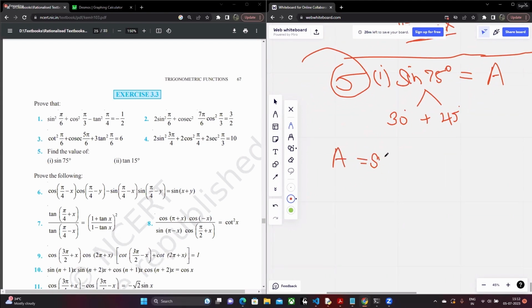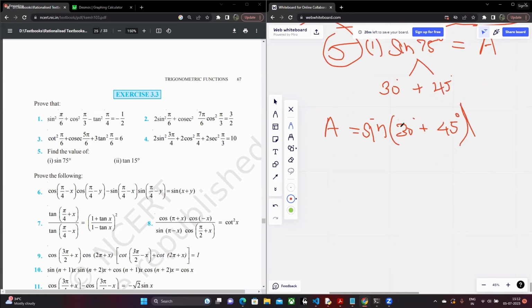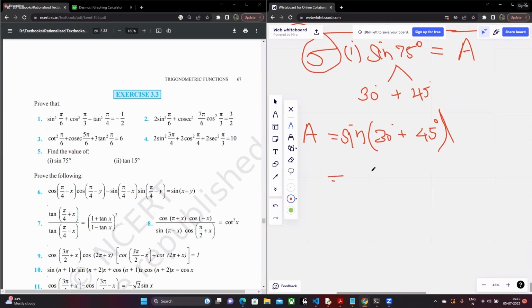A is going to be equal to sine of 30 degrees plus 45 degrees. You all know this because angles in degrees are linearly additive. So 30 degrees plus 45 degrees is basically 75 degrees. It's not something like a vector where you have to think of the cosines and whatnot. So this is sine of 30 plus 45.